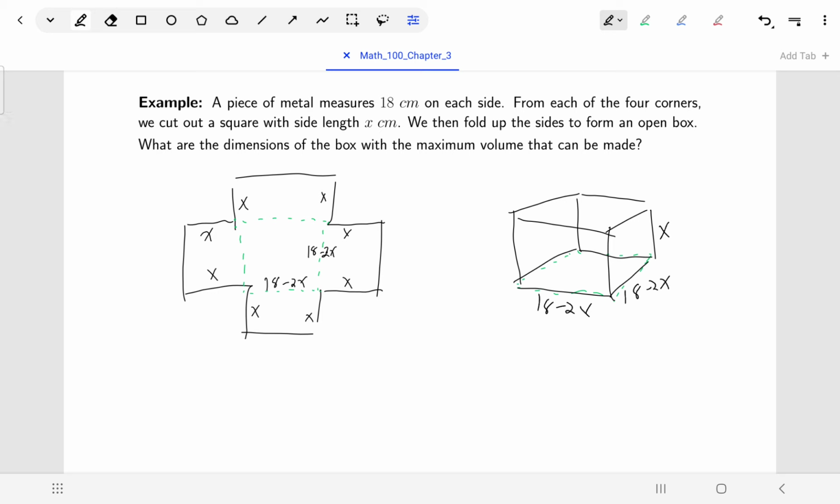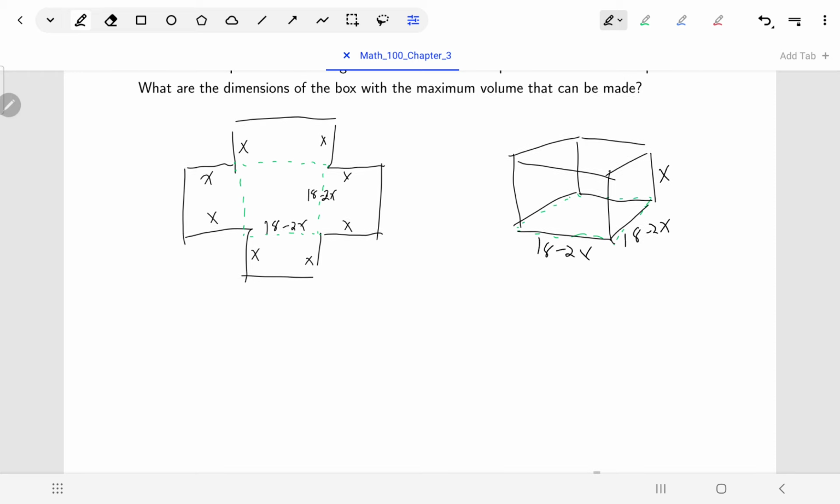And we want to know what are the dimensions of the box where we get a maximum volume. So already I can go ahead and create an equation for this, so that's not too bad. As far as the volume goes, volume is length times width times height, which is x times 18 minus 2x squared.